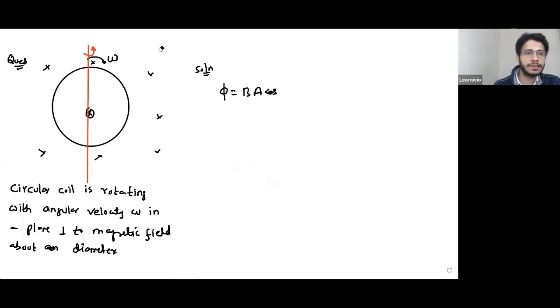So you will write this as BA cos theta now. This is the flux, BA cos theta. For theta, you can use this term. Angular velocity is angular displacement divided by time. This is again a formula from rotation. You must have done velocity is distance by time. In rotation, instead of velocity, we use angular velocity, and instead of displacement, we use angular displacement.